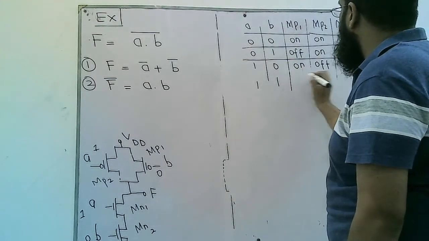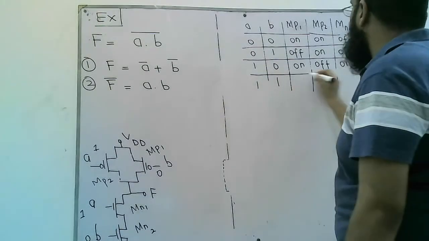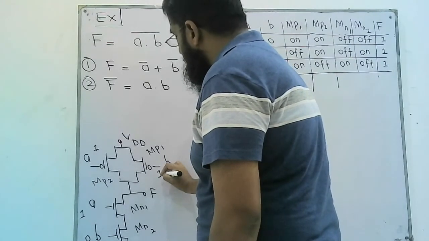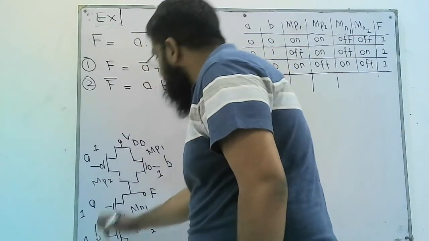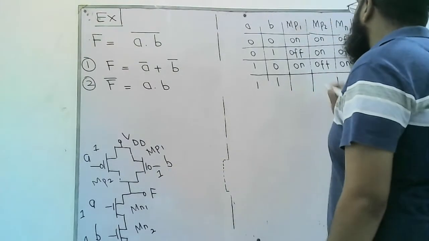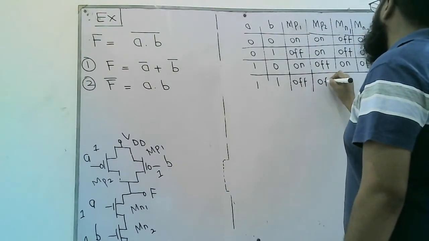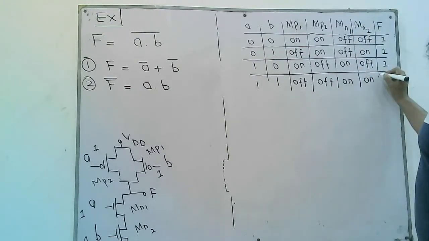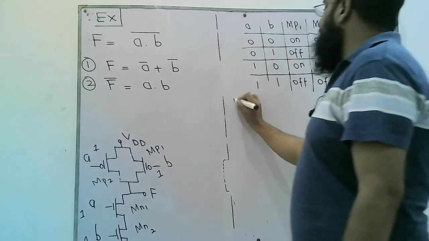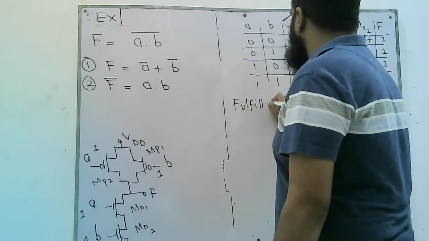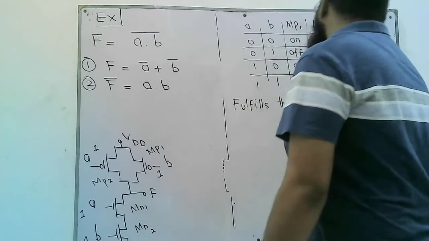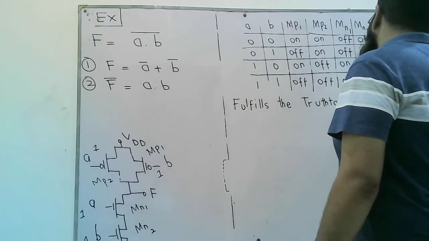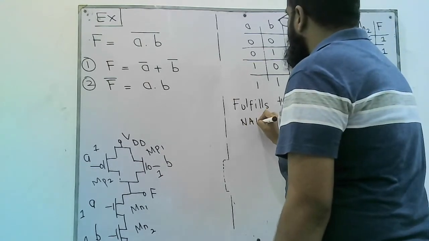And for the final input combination 1 and 1, both PMOS transistors would be off because VSG is smaller than VTP, and both NMOS transistors are on, and we'll get a 0 at the output. That fulfills the truth table of a 2-input NAND. Let's call it NAND 2.